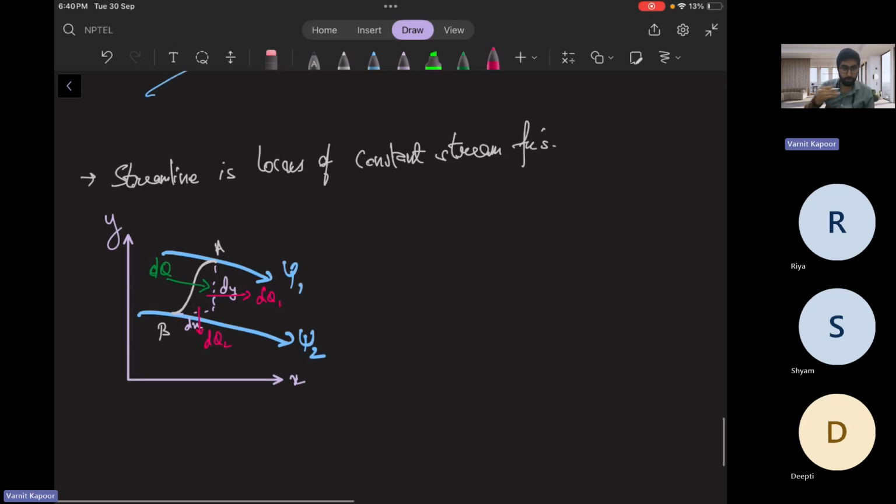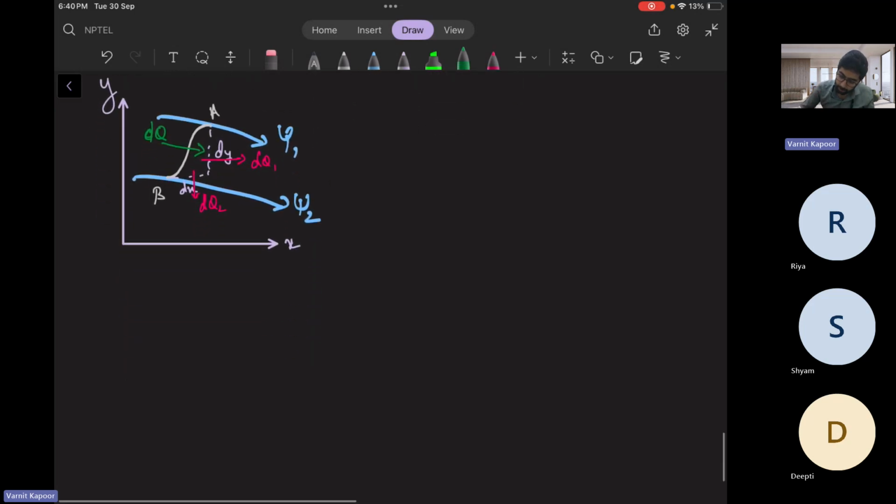Here the depth is always unit depth, always remember. If I take this area, it will look something like this, where discharge is happening, that is dq1. This is your dy, and this is your 1.